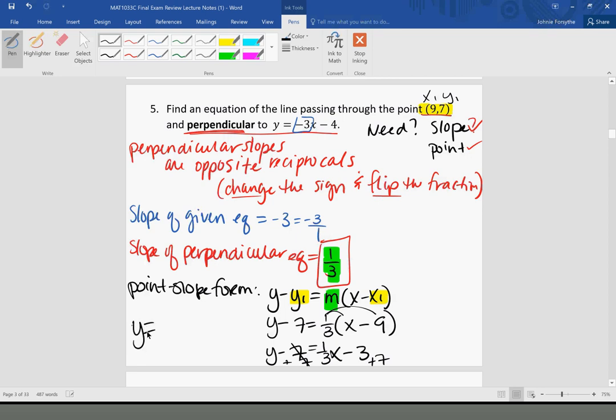So then we're going to have y equals 1/3 x, and then -3 plus 7 is +4. So that's going to be your answer here in slope-intercept form. Y equals 1/3 x plus 4.